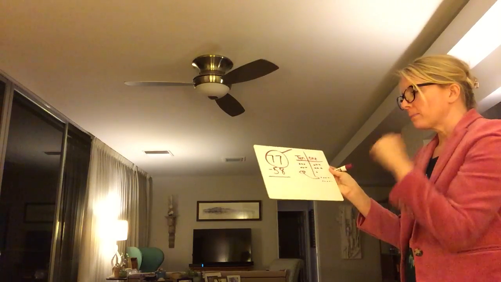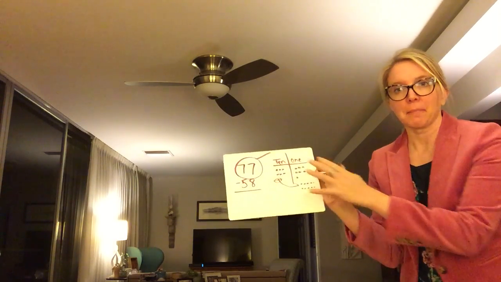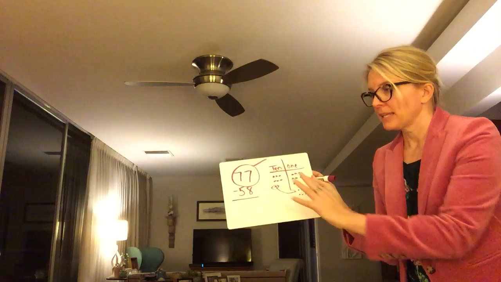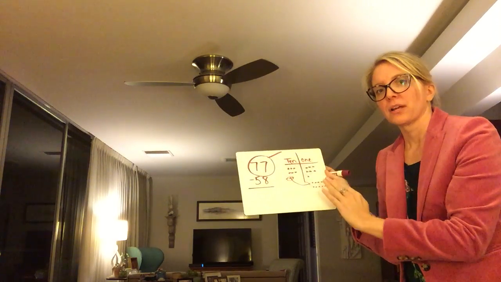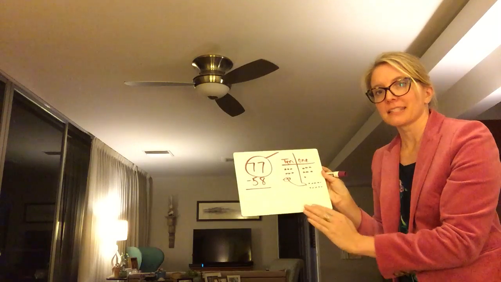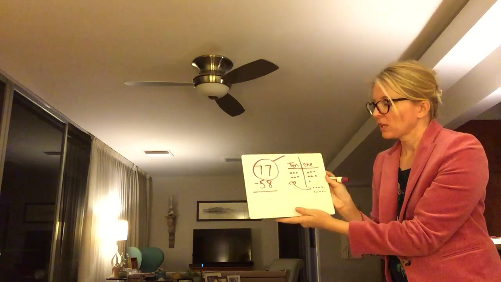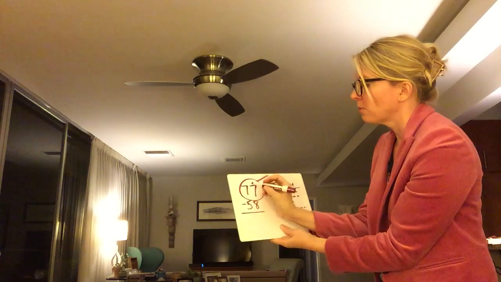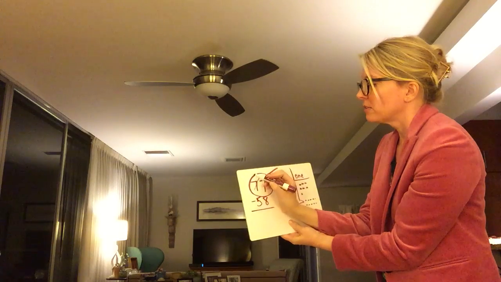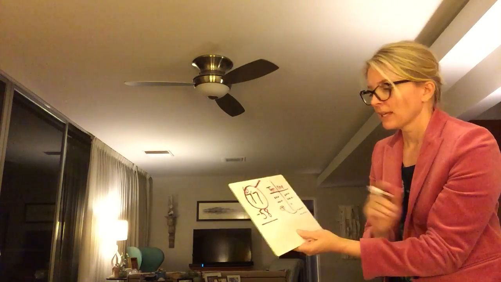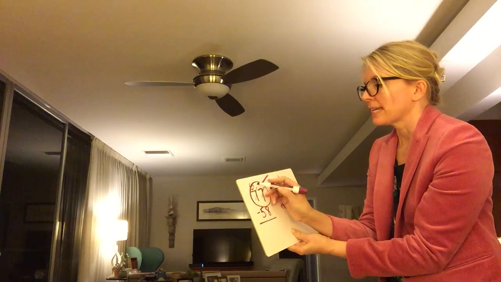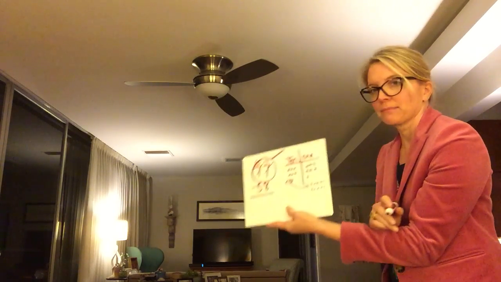Now, the next step is they may do this okay, but then not be clear on how to represent it over here. So you always want to make sure that after getting this far, they can represent it over here. So what did we do here? Well, we unbundled 1 10, so we have 6 10s left. And when we unbundled that 10, it gave us 17.